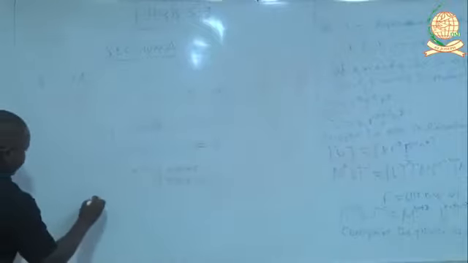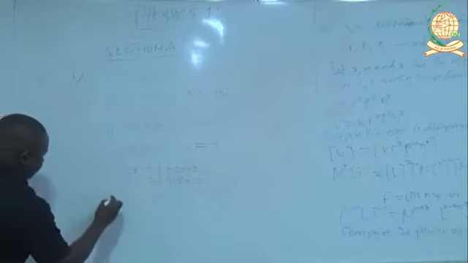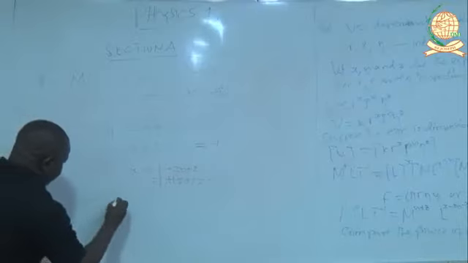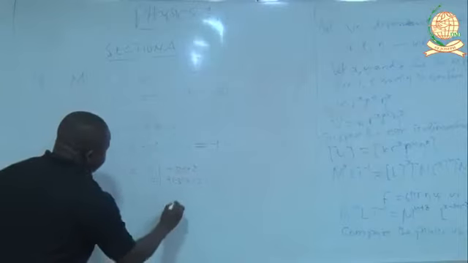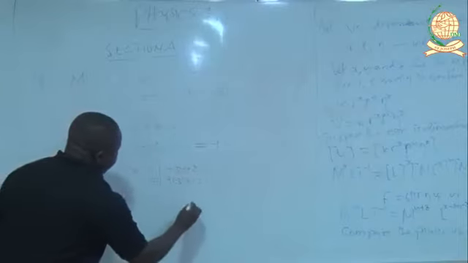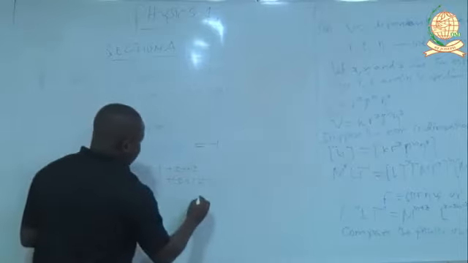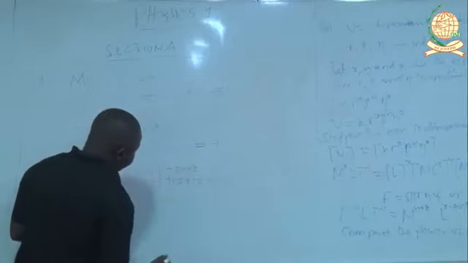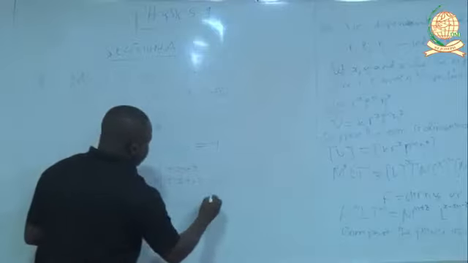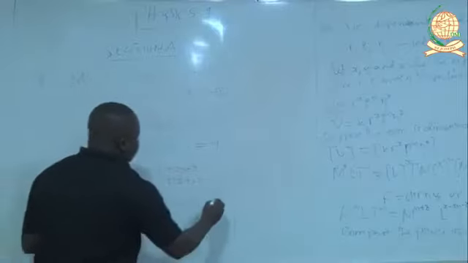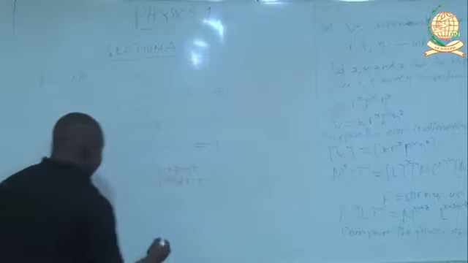Therefore, velocity v is equal to k r to the exponent x, x is now negative 1, times rho to the y, y is also negative 1, times eta to the z, z is positive 1.